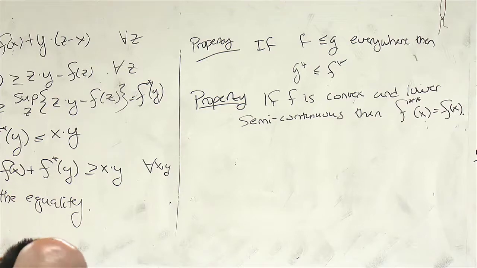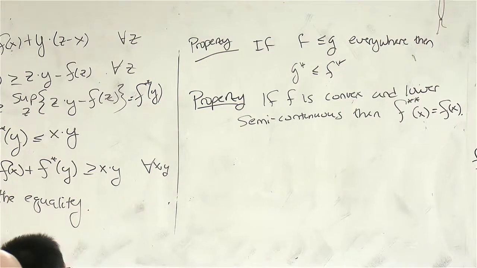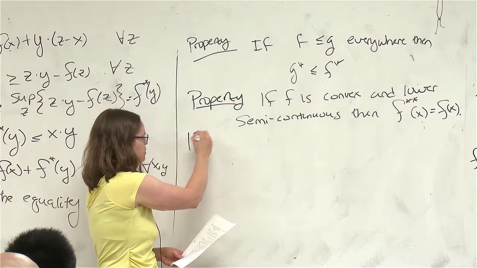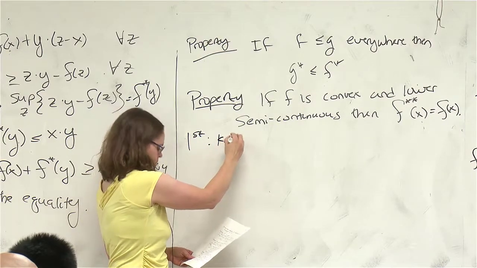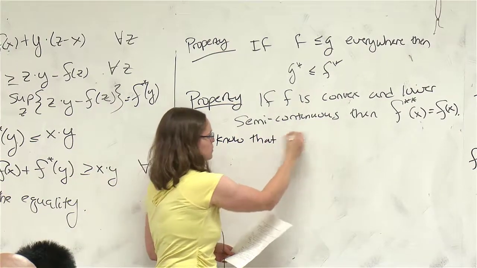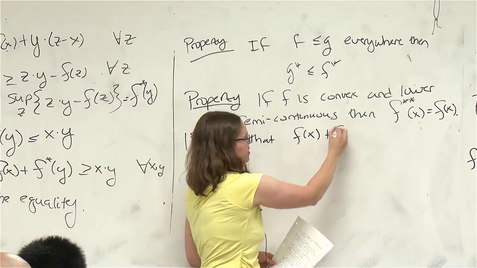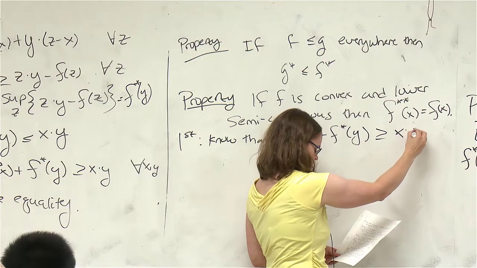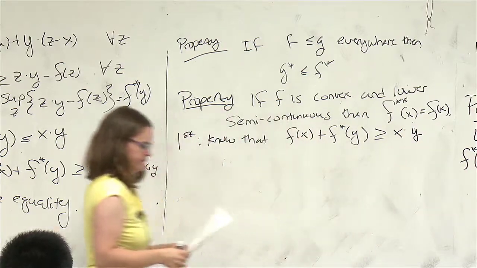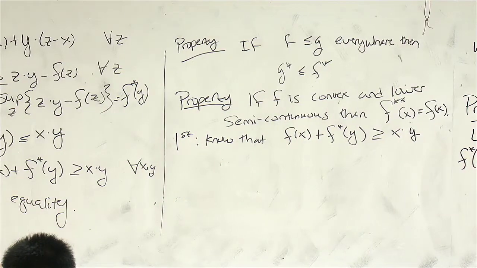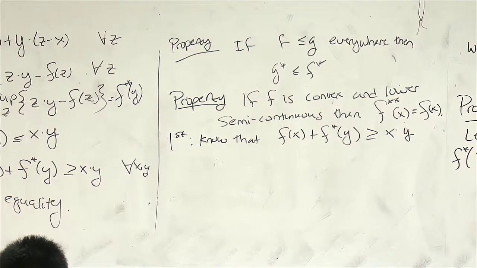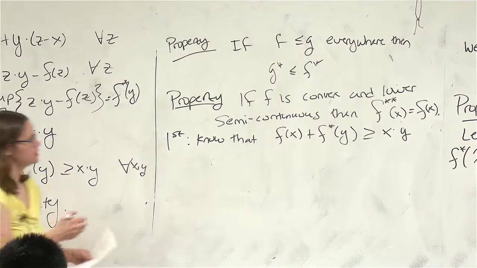Okay, so I'm going to at least sketch out why this is true. What do we know? First of all, we know that f of x plus f star y is certainly bigger than or equal to x dot y. We wrote that down already.